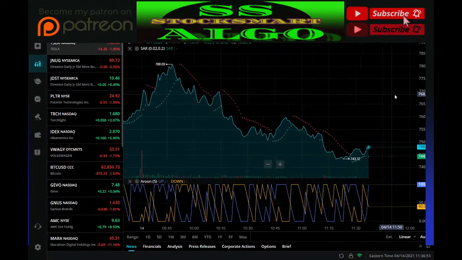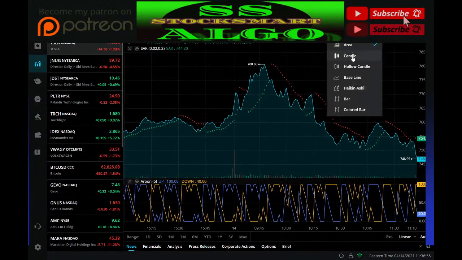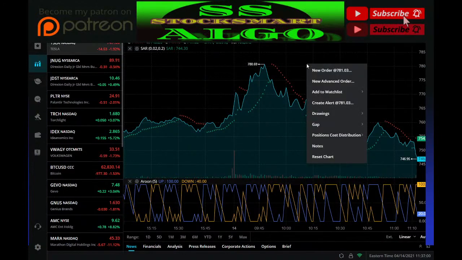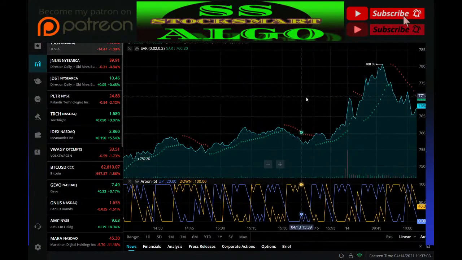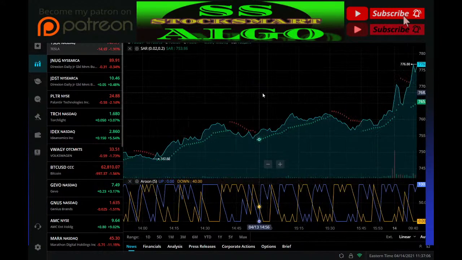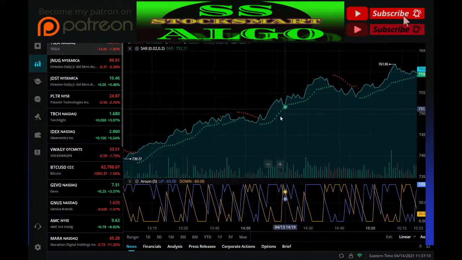Now, parabolic SAR in this area. I like that. Alright, use an area chart with your parabolic SAR. And that cleans that chart up pretty good, doesn't it? So you don't have to be real confused about individual candlesticks. I think that's kind of important.